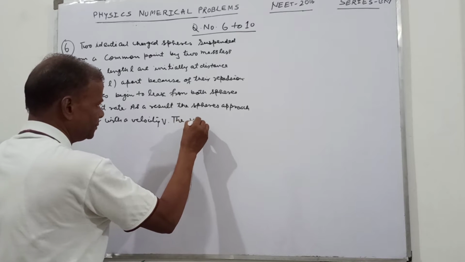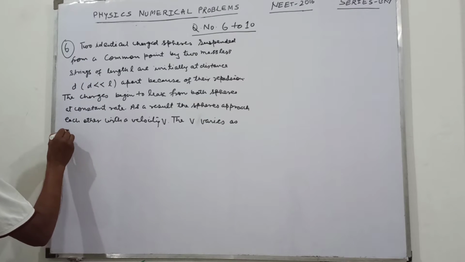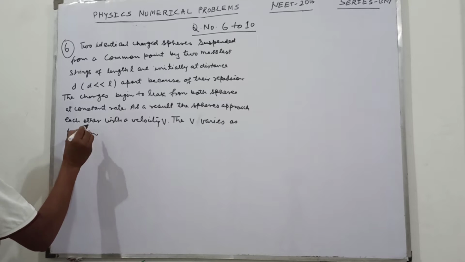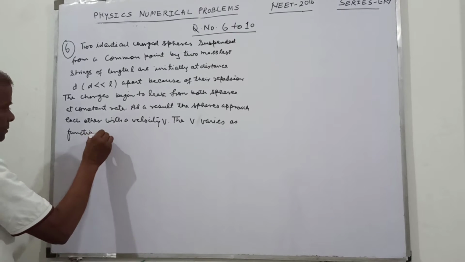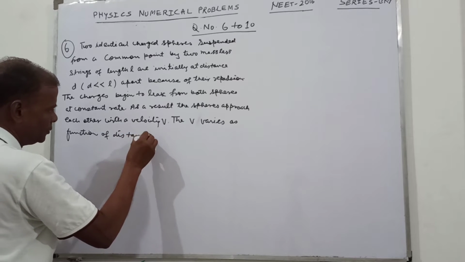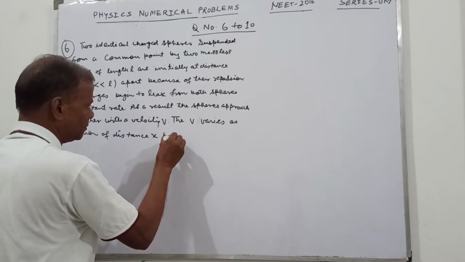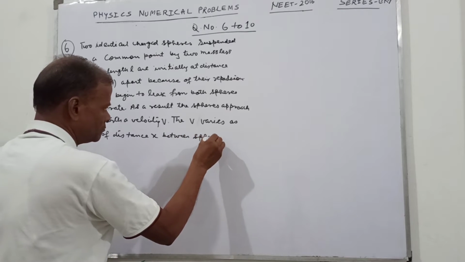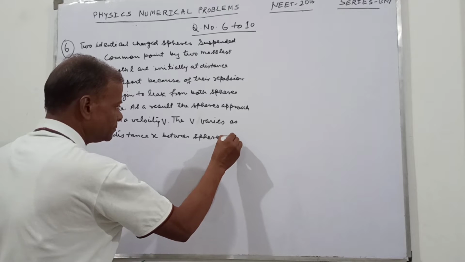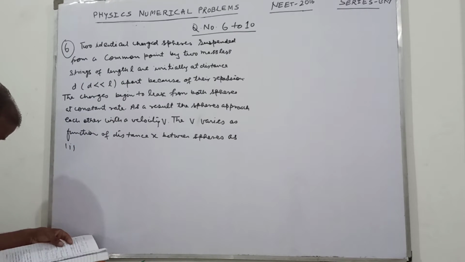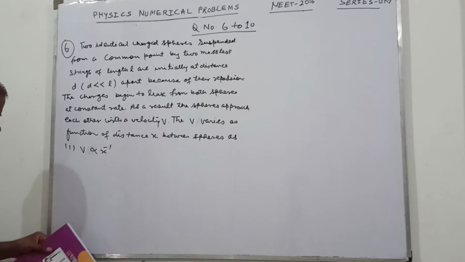The V varies as a function of distance x between spheres as: option 1, v proportional to x raised to power minus 1.